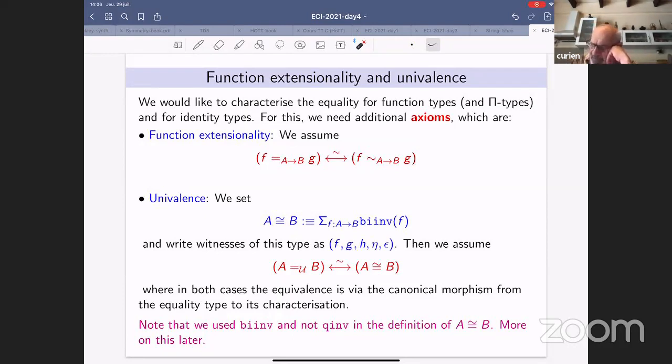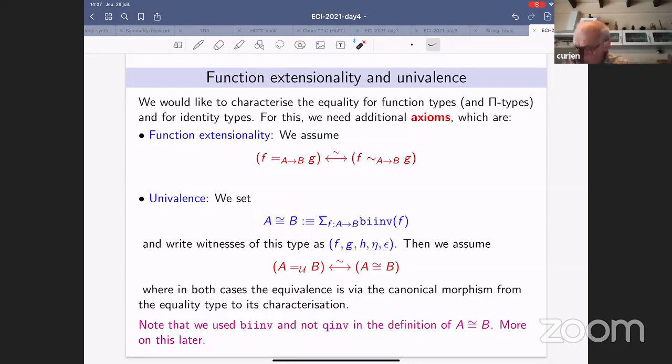And then univalence asserts that the equality of types in the big type U, the universe of types, is characterized by this type biinv, which captures the equivalence of the types A and B.